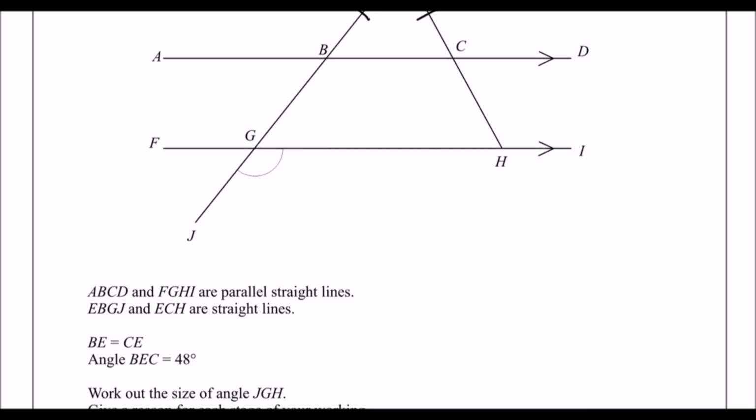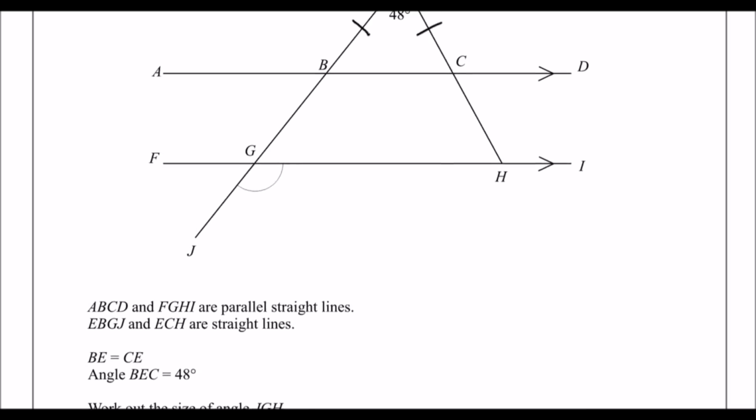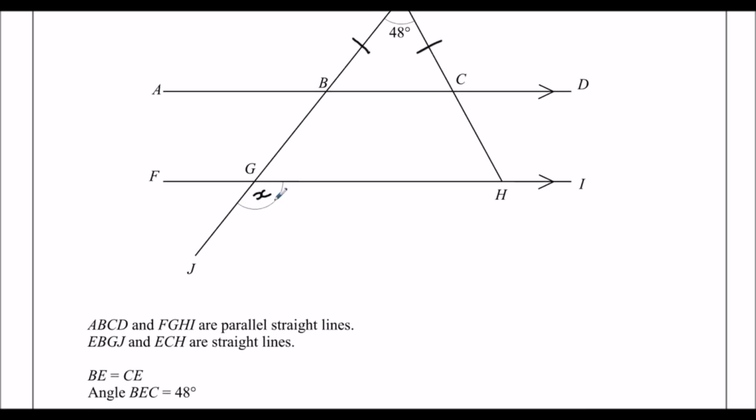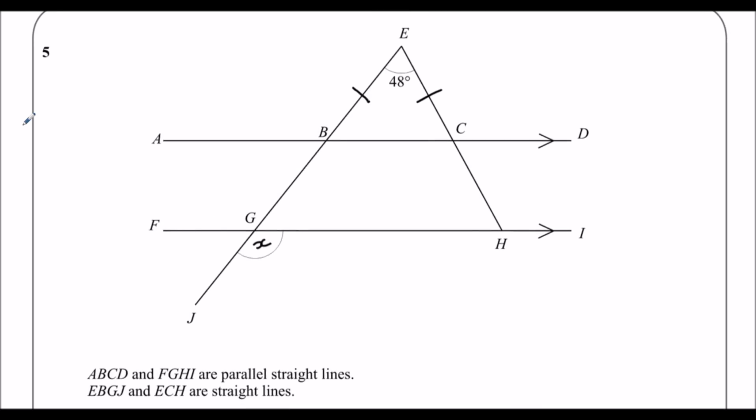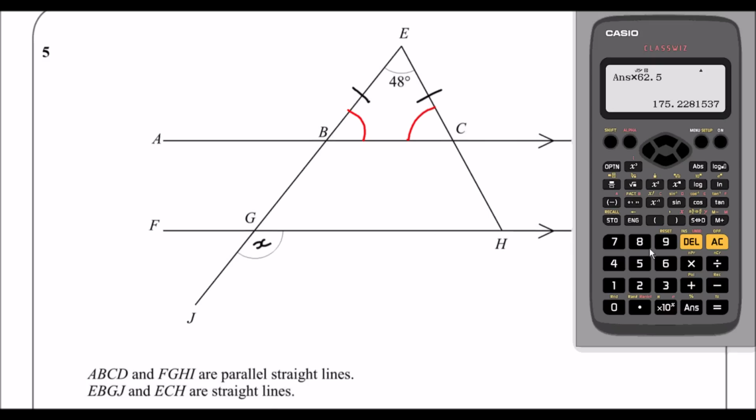We need to work out JGH, which is this angle here, and we have to give a reason for each stage of our working. So the angles at the base of an isosceles triangle, these two, it's an isosceles triangle because it's got two equal lengths. That means it's got two equal angles. The angles at the base of an isosceles triangle are equal.